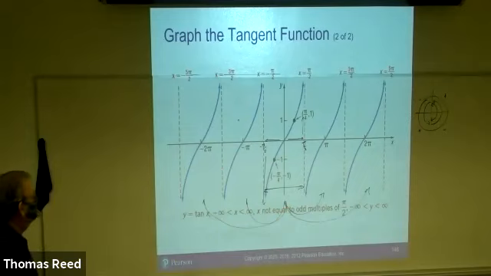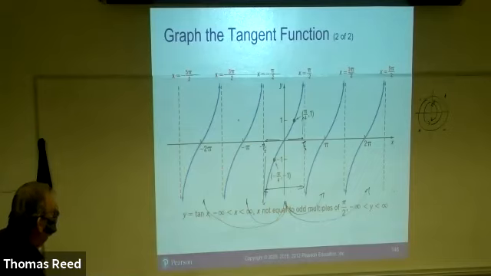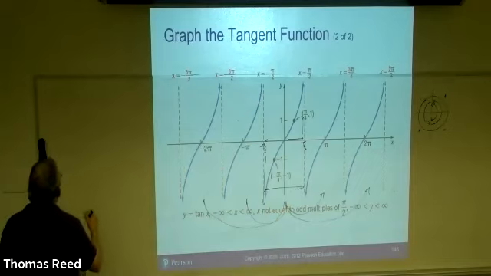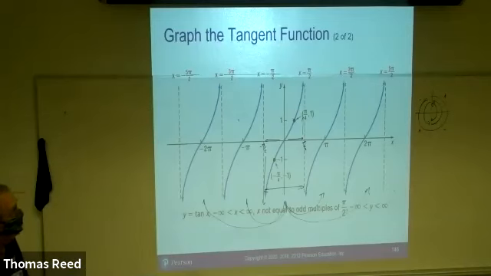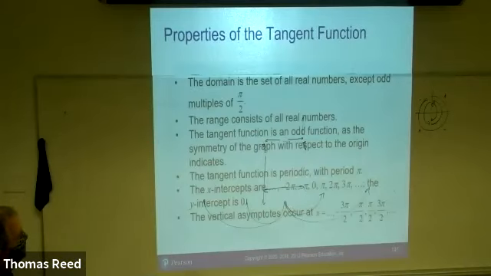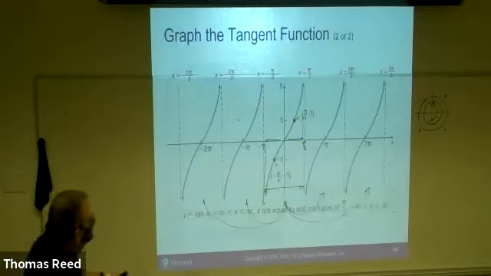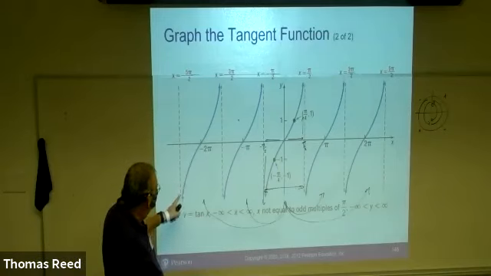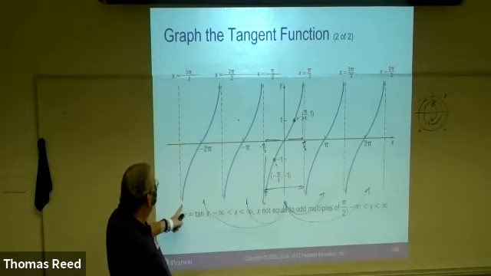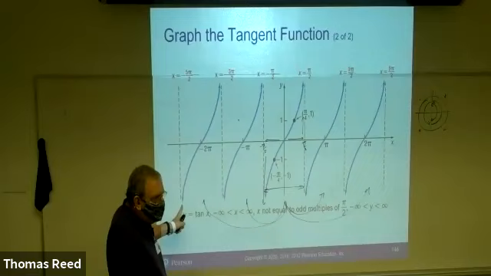So now the key values. Well, let's see what they say the key values are. The domain consists of all real numbers except odd multiples of pi over 2. So each of these are vertical asymptotes. The graph does not cross these lines.